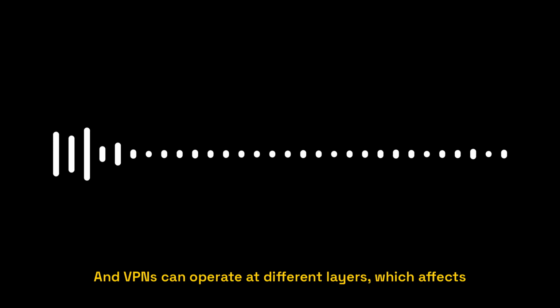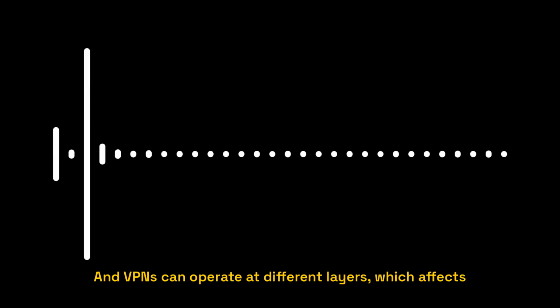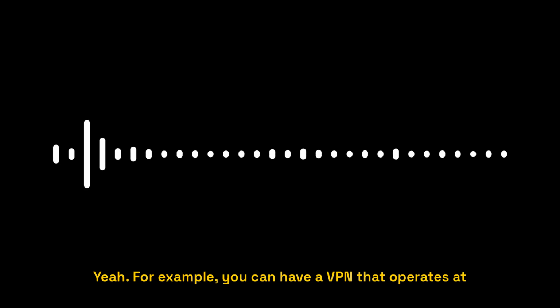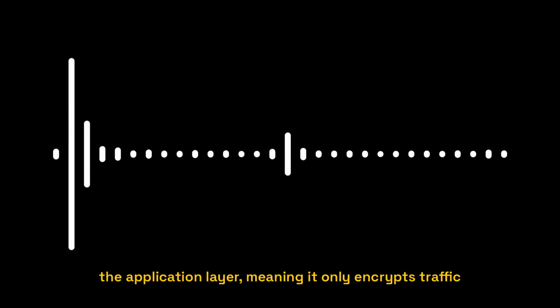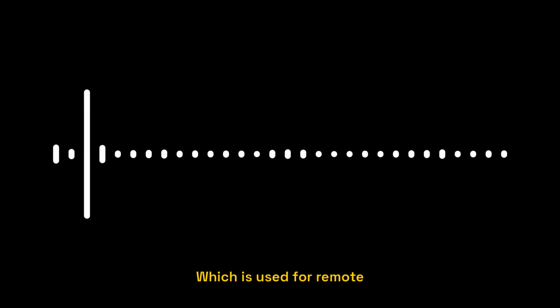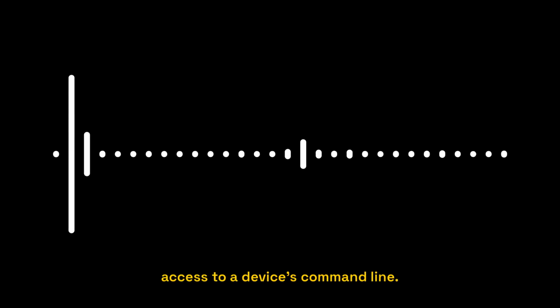VPNs can operate at different layers, which affects what kind of traffic they protect and how they do it. For example, you can have a VPN that operates at the application layer, meaning it only encrypts traffic for a specific application, like Secure Shell or SSH, which is used for remote access to a device's command line. So it only protects the traffic for that one application.